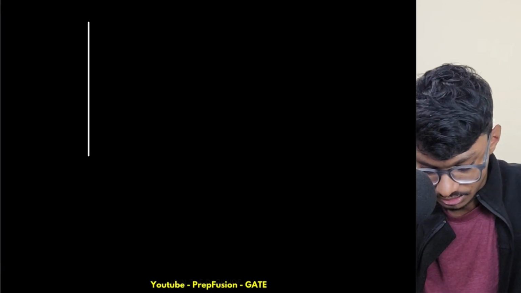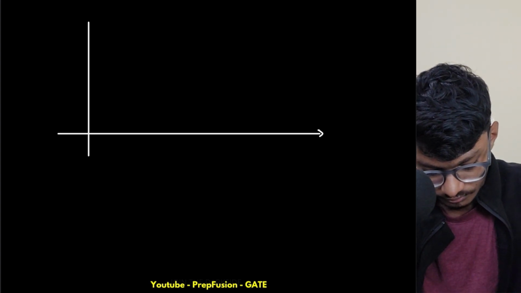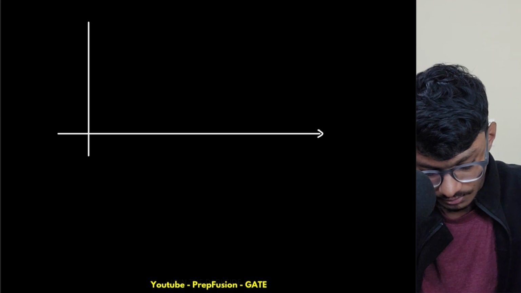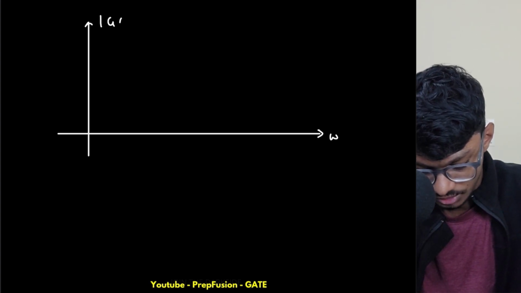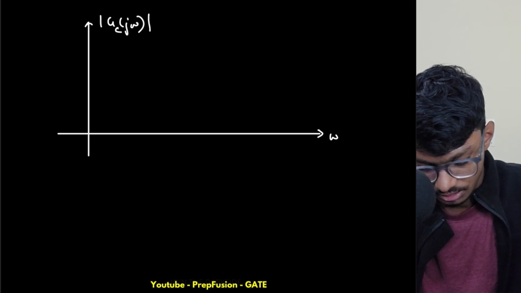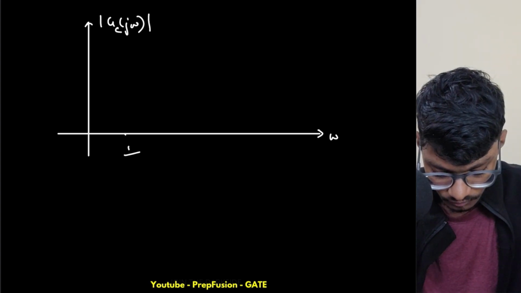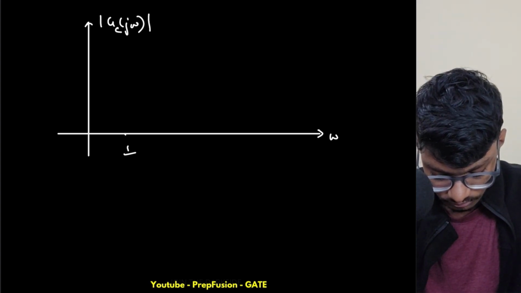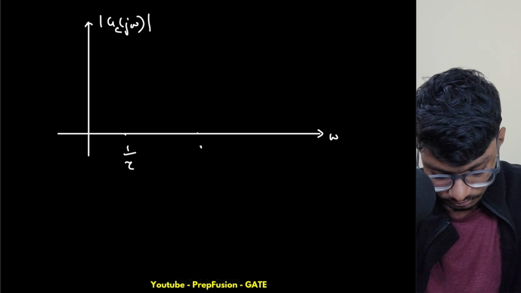So let's first draw this. Omega on one axis, and this is the magnitude of Gc of j omega in dB. First I have 1 by tau, and then 1 by alpha tau.